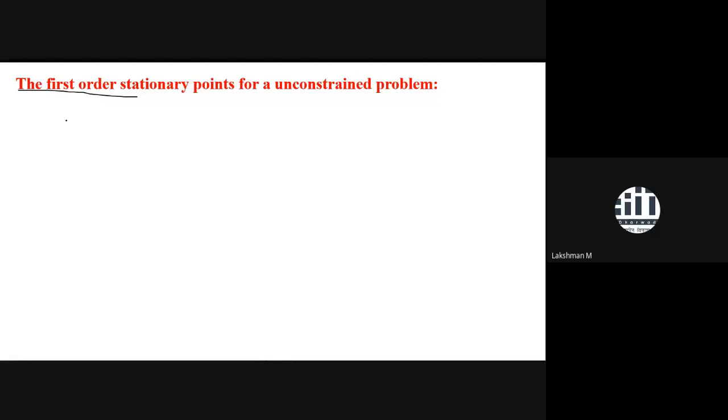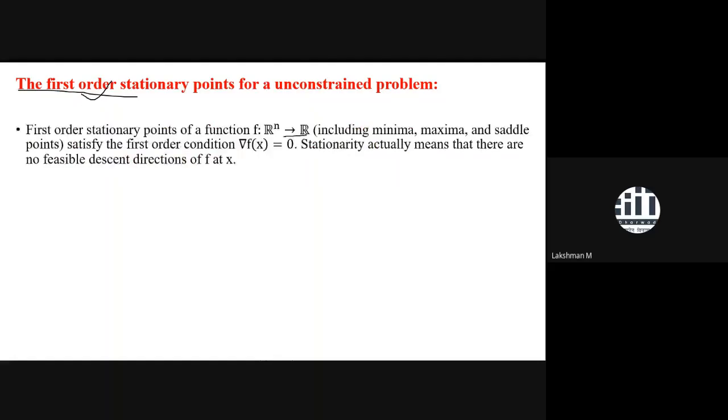But when we call it a first order stationary point, it just involves the gradient. So a first order stationary point of a function from Rn to R satisfies the condition that, if the domain of the function happens to be complete Rn, then the gradient is equal to 0.